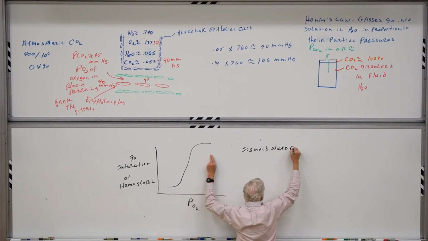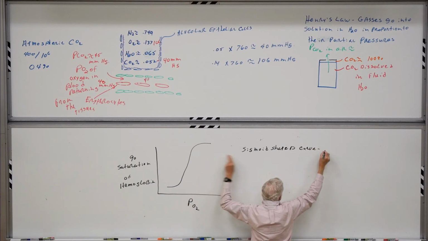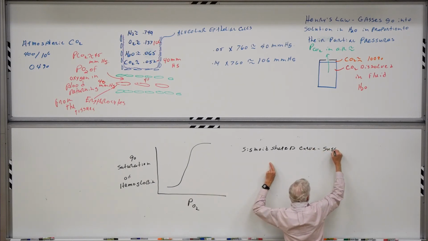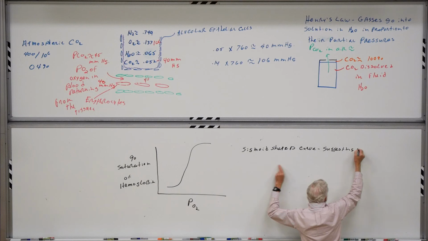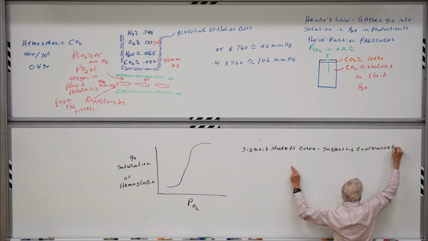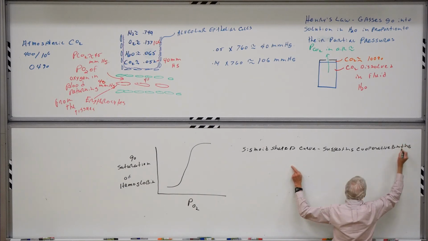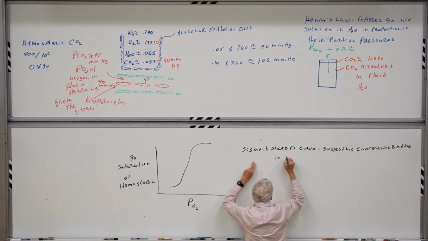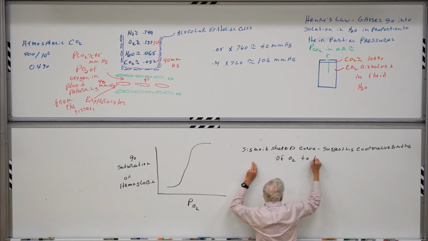It's a sigmoid-shaped curve, suggesting cooperative binding of oxygen to hemoglobin.